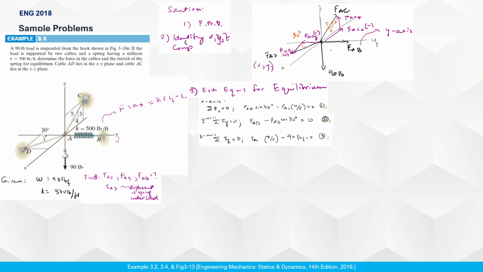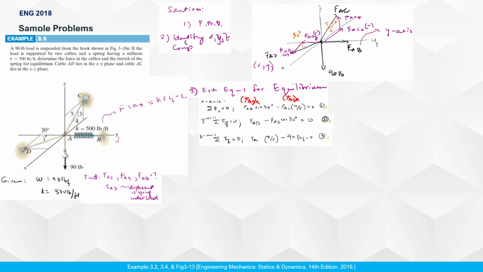For FACX naman, you can put it this way rin naman para organized. So for FACX, okay, it's in the negative X axis. So that is just simply FAC times 4 over 5. And negative siya, equals to 0. That's our equation 1. FADX is simply FAD sine 30 degrees.